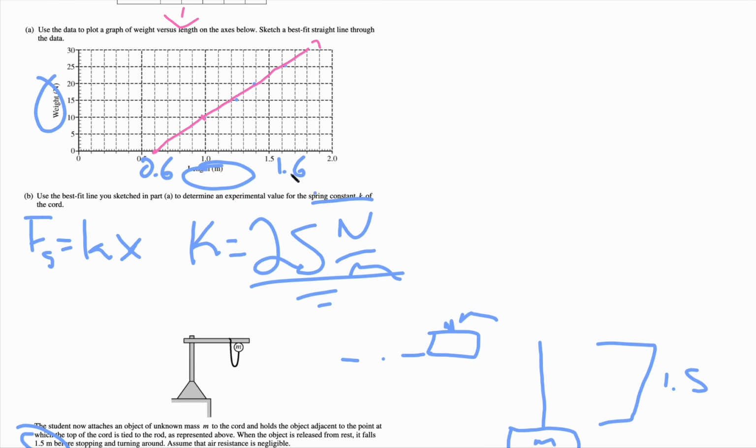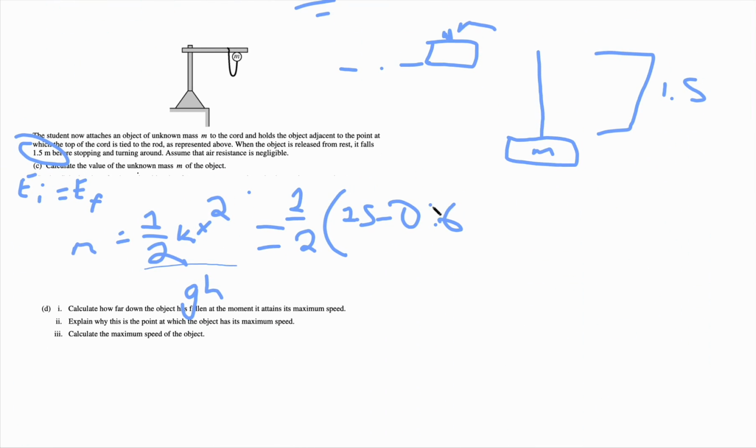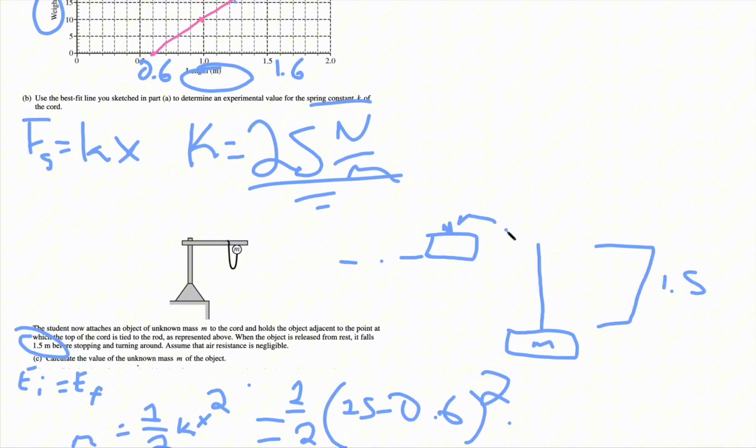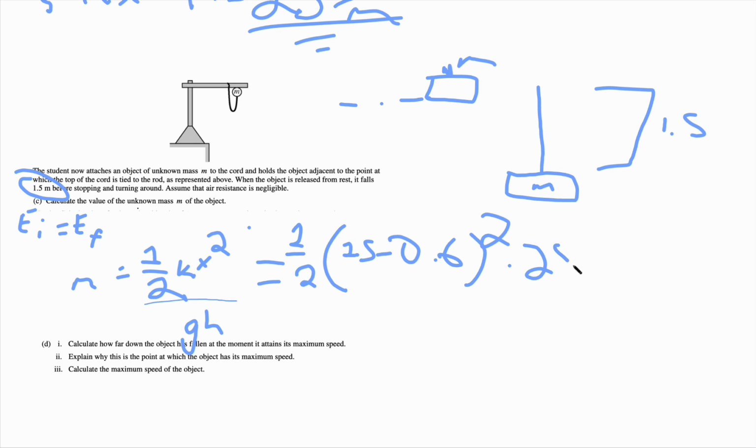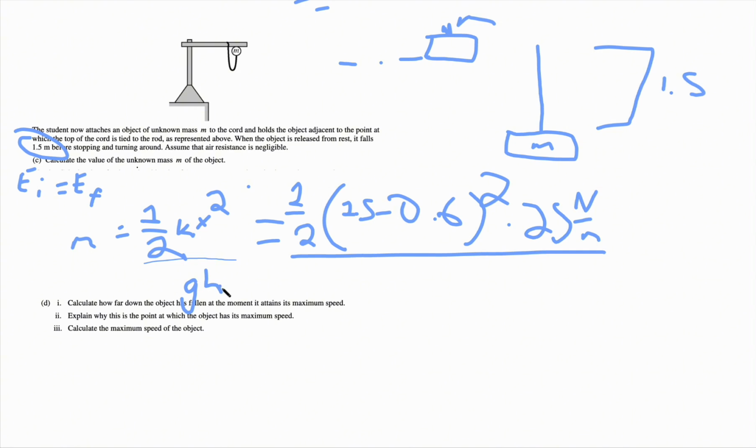Recall that from this part here, where 1.5 is 0.9 away from 0.6, squared times our k constant that we found earlier, over GH.